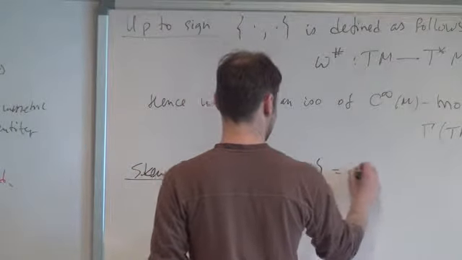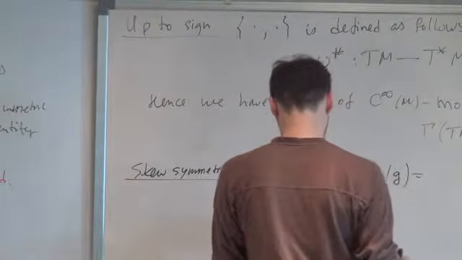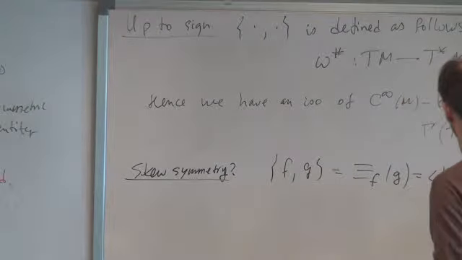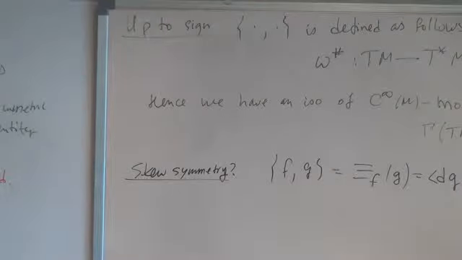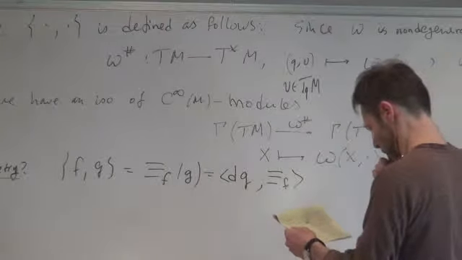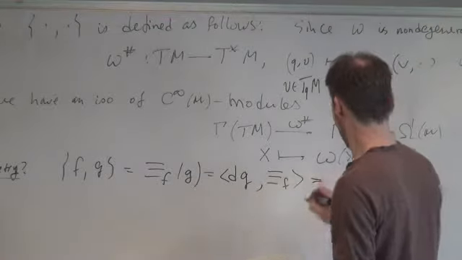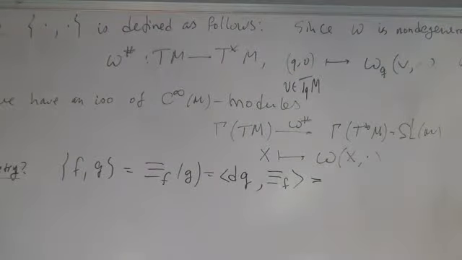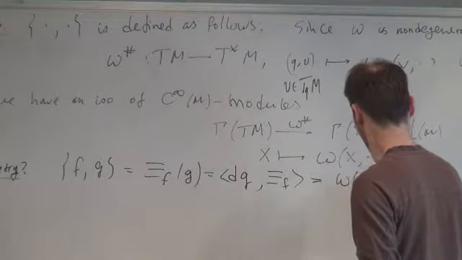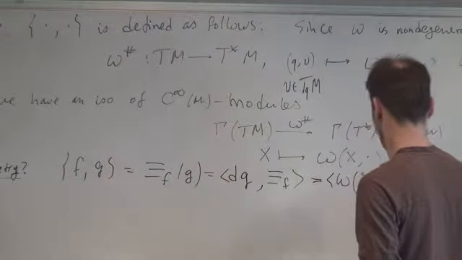So f bracket g, by the definition, is the Hamiltonian vector field of f applied to g. Let's see, what is it? This is the differential dg paired with the vector field. But what's the differential of g? That's omega with chi sub g stuck into the first slot, blank, paired with chi sub f.